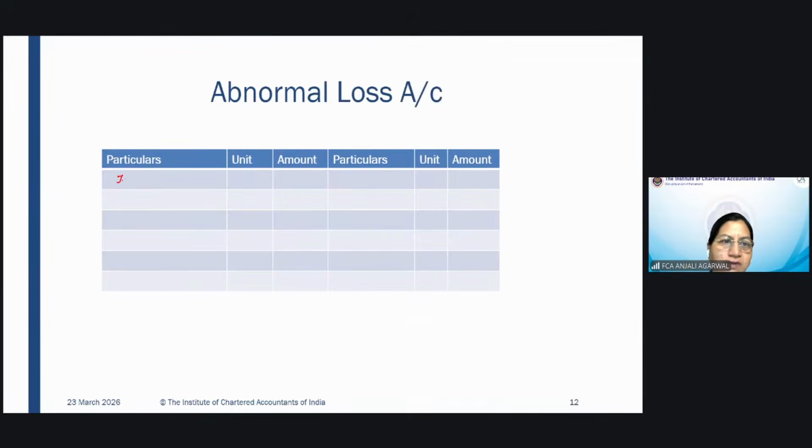Abnormal loss account, to process one, 300 units, 9267. But we will see that these 300 units will also be sold as scrap. So this will also give you 600 rupees. And therefore, your true profit and loss would be 9267 minus 600, so 8667.